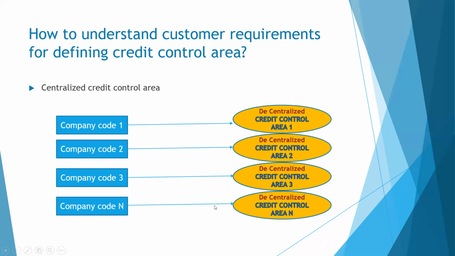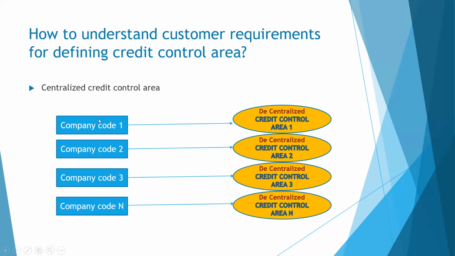Assume that in certain cases, if you go for the retail industry for secondary sales, the company code itself is a distributor and plant. Your distributor will be defined as a site.